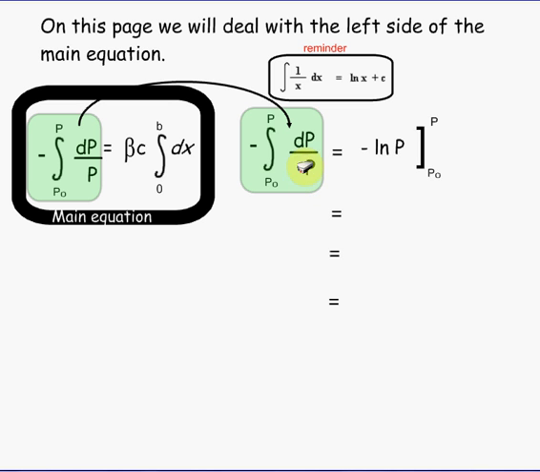So if we're going to find the integral of that, we just use the law that says that the integral of 1 over x dx is equal to the natural log of x plus C. So here we have the natural log of P over the range from P naught to P.